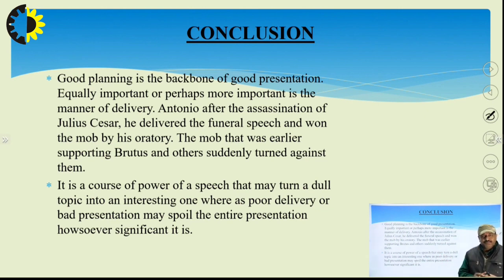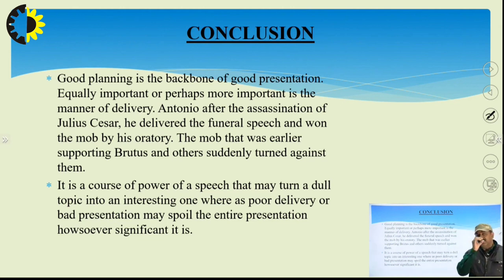When Julius Caesar was killed, the mob was against Julius Caesar, and the public was in favor of Brutus. But Antony enters and delivers such a speech that he suddenly turns the mob against Brutus, which was earlier against Caesar. Now the mob is with Caesar and against Brutus.